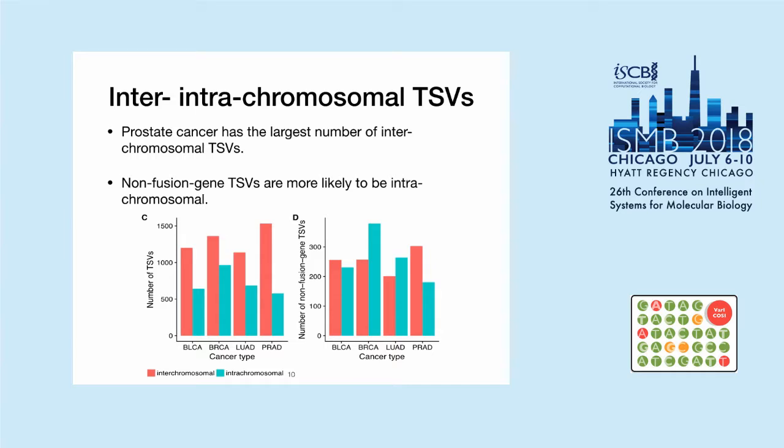And when we compare the ratio of interchromosomal and intrachromosomal TSVs between fusion and non-fusion gene, we observed that non-fusion genes are more likely to be intrachromosomal compared to fusion genes.